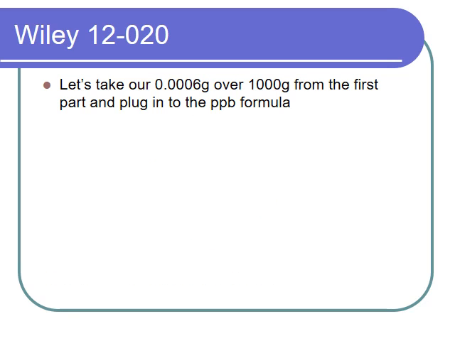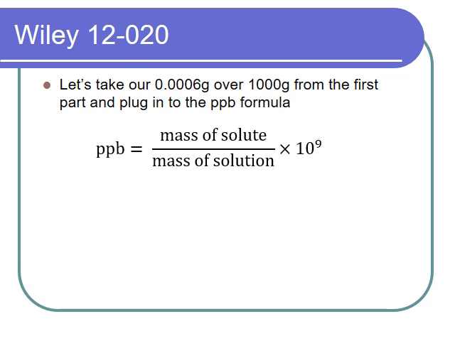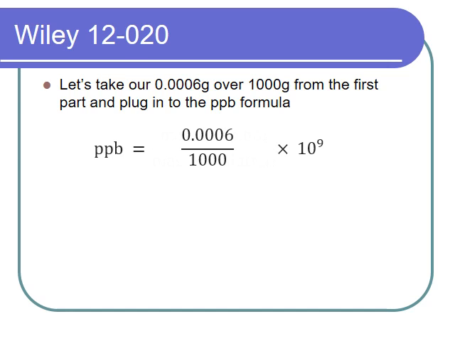We will take our 0.0006 grams over 1,000 grams from the first part, and we'll plug it into the parts per billion formula. Remember that: mass of solute over mass of solution times 10 to the 9th. Put our values in. We don't even have to do any algebra.